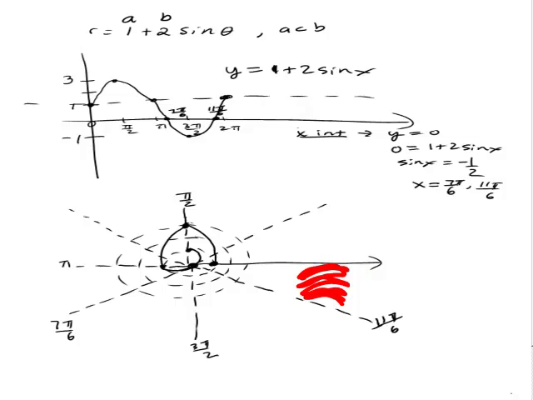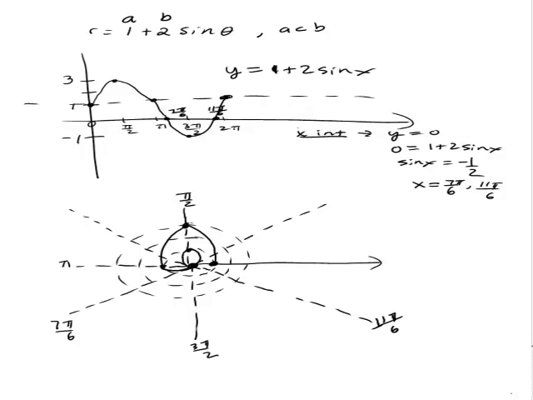Now all the angles that would be here are up here, and those are supposed to go from 1 back down to 0. So starting from here, we go back down to 0, like that. And so see, there's that inner loop that we expected.